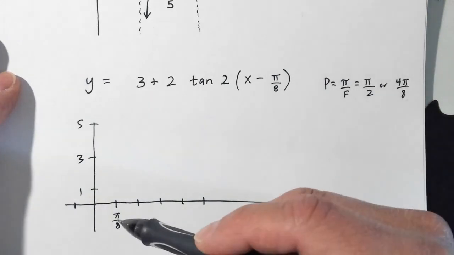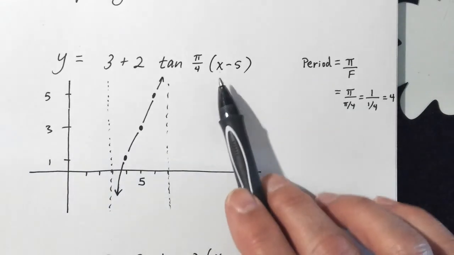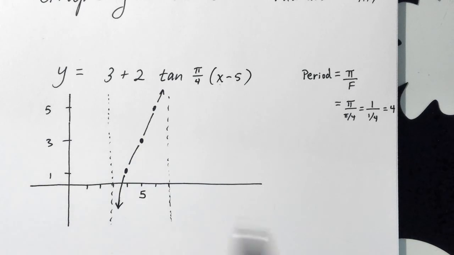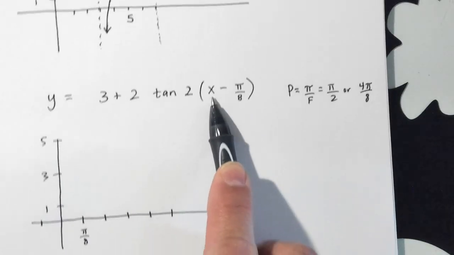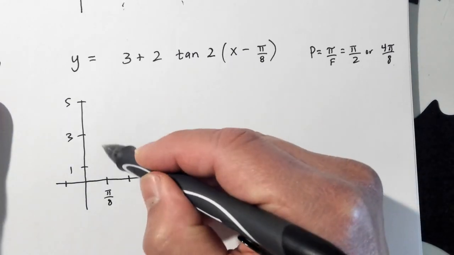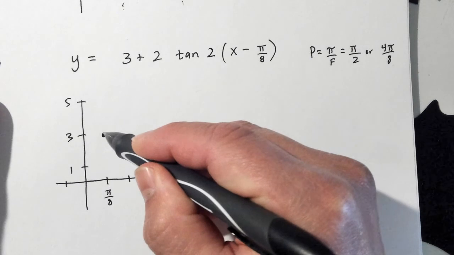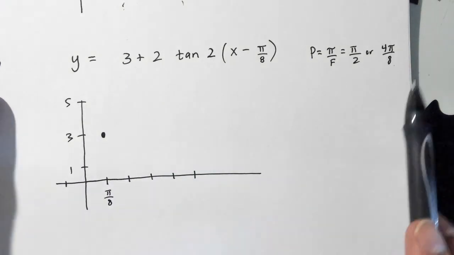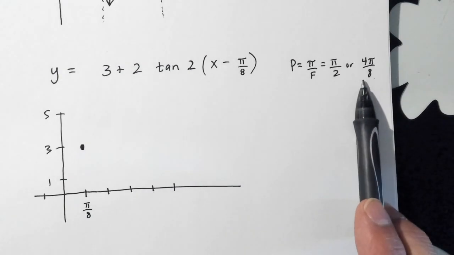And tangent. Just like the problems above, this number tells you exactly where to put your first middle of the road point. So this number, which is pi/8, tells you exactly where to put your first middle of the road point. Next, the period is 4 pi/8.